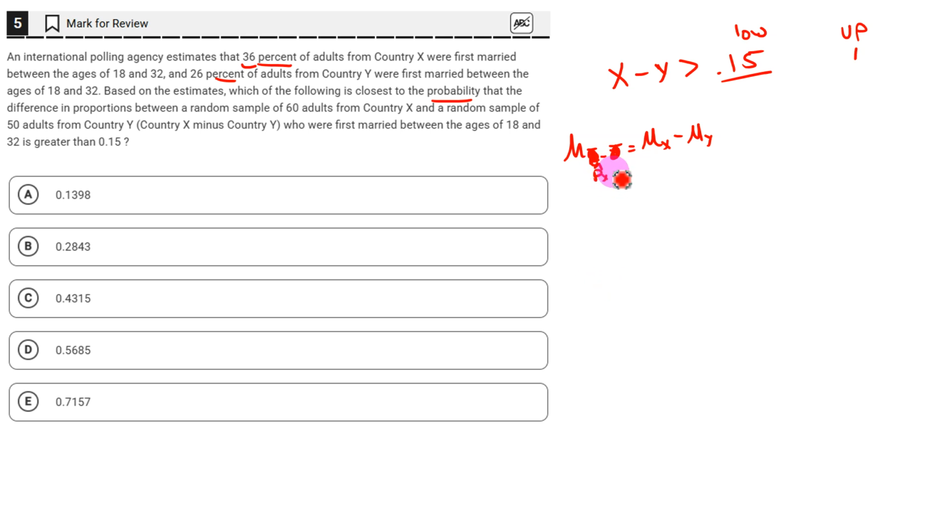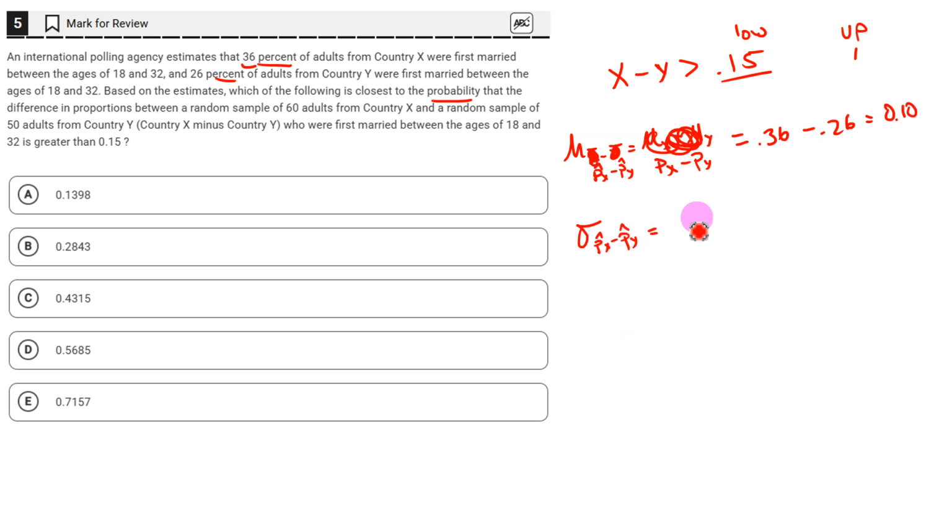P hat X minus P hat Y. And so that's just going to be PX minus PY, because these are proportions. So that's going to be 0.36 minus 0.26. So there is 0.10. That's our mean.